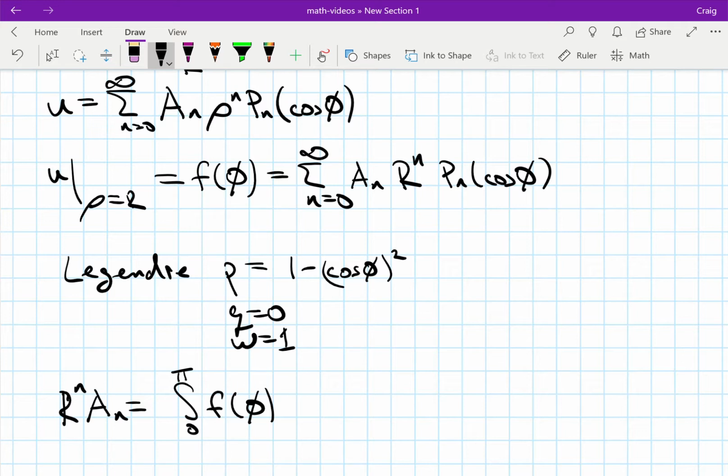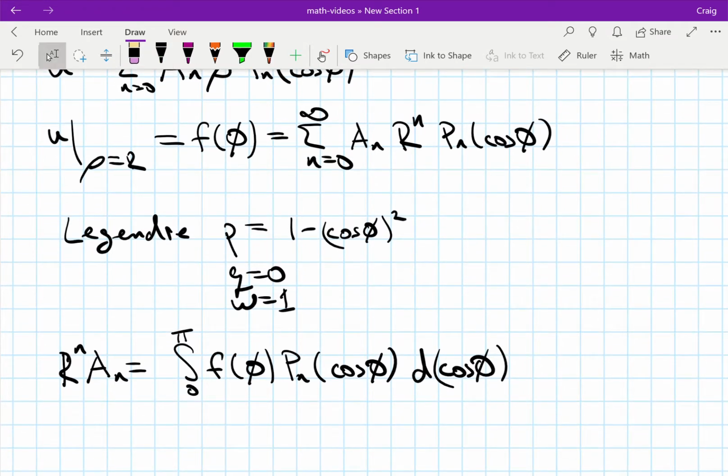If we were taking a unit sphere, this factor of R to the n would go away, but let's keep it there for dimensional purposes. Remember, when we wrote our angular equation in Sturm-Liouville form, we needed to make a change of variables, and cos phi is actually our variable, so I have to integrate with respect to cos phi.